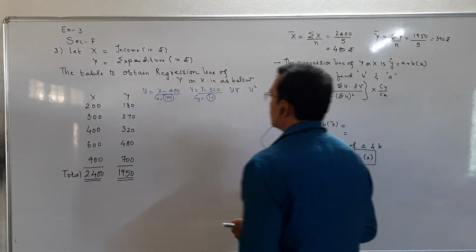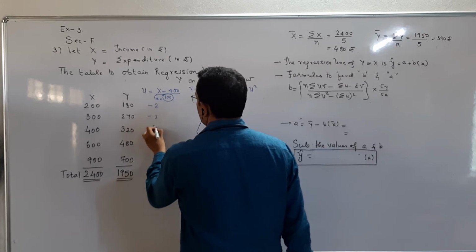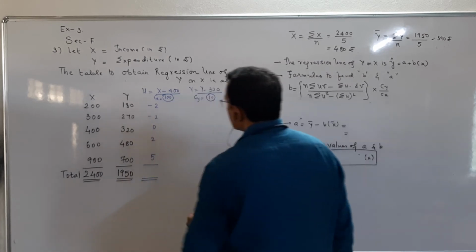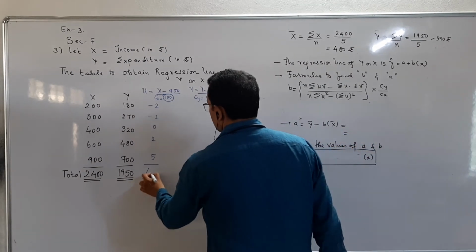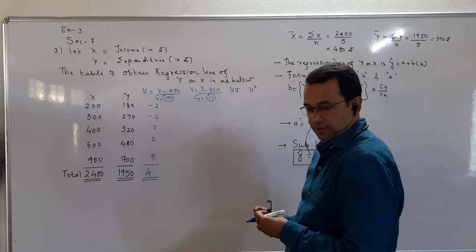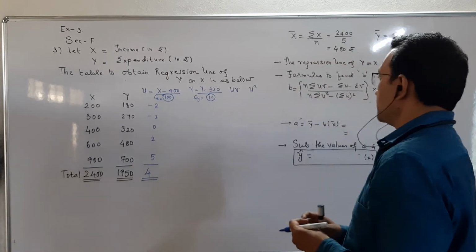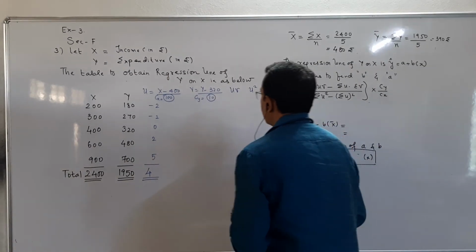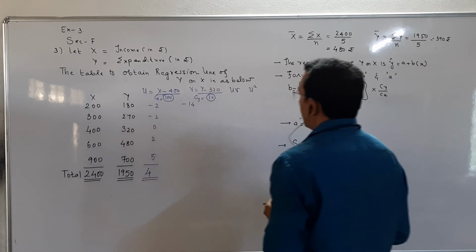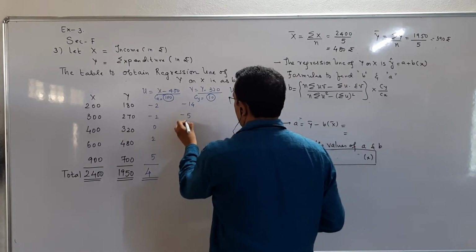Now 200 minus 400 is minus 200, divided by 100, so minus 2, minus 1, 0, 2 and 5. If I total this, 7 minus 3, this will be 4. Now 180 minus 320 students, that will be minus 140 divided by 10, so minus 14. 270 minus 320 is minus 50 divided by 10, so minus 5.